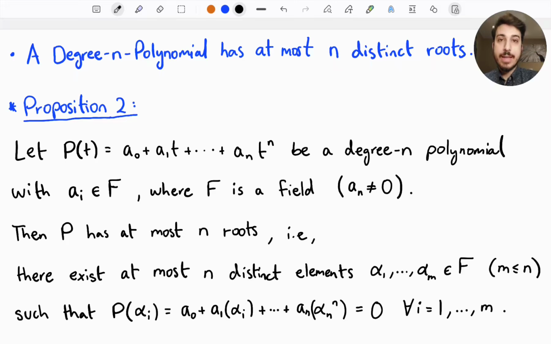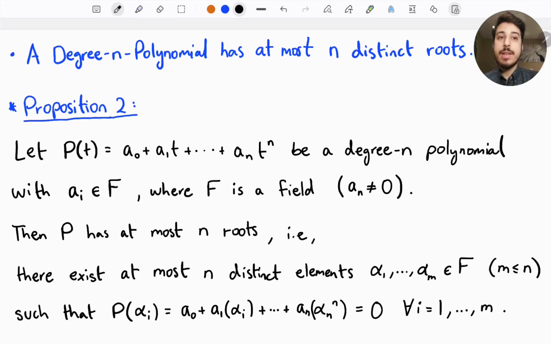Let us move into the second and last preliminary result before going to the main result. Proposition 2 states that if P is a polynomial in T, a degree n polynomial with coefficients ai in a field F, and an is the leading coefficient that is non-zero, then P has at most n roots.